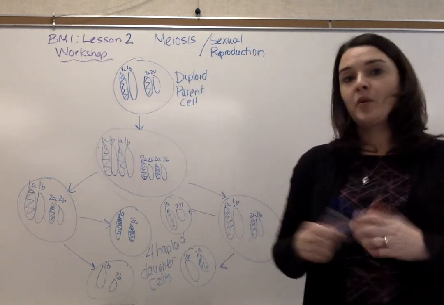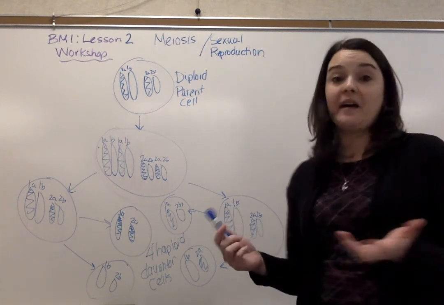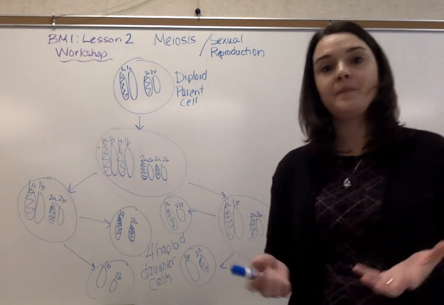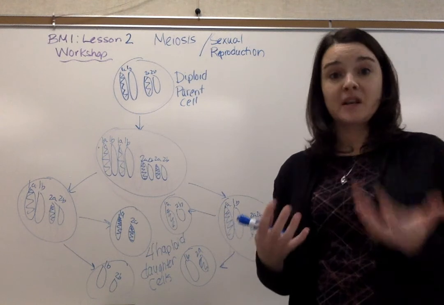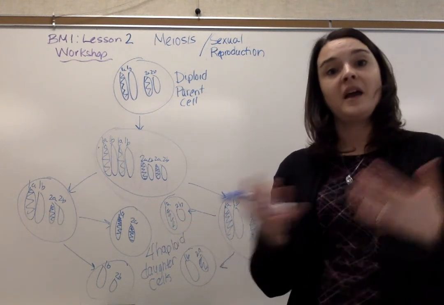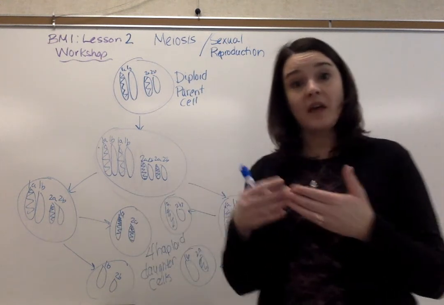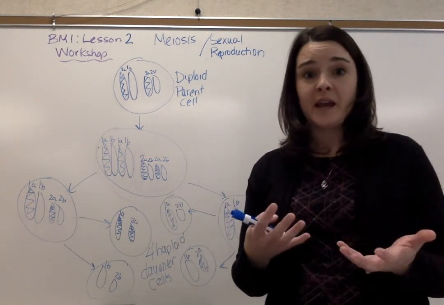So why is it important for chromosomes in these cells to be halved? Why should we only have half? Well, if we're talking about sexual reproduction, where a male contributes half of the genetic material and the female contributes the other half, when those 2 cells come together, you get a full set of DNA.